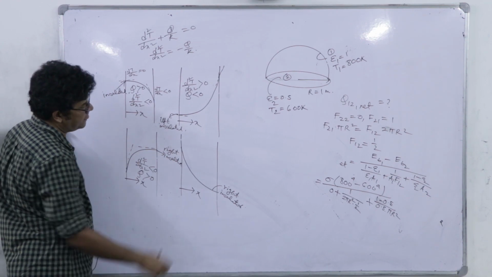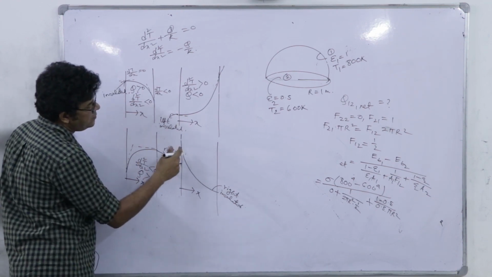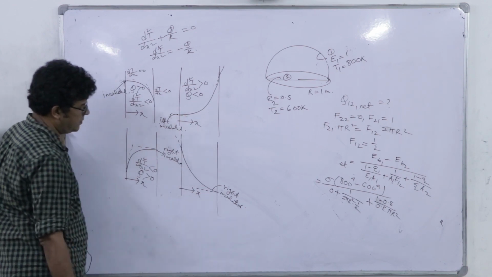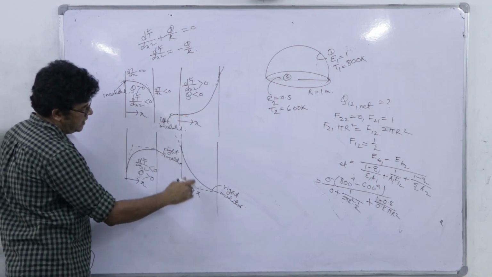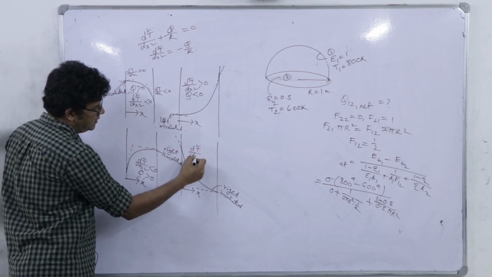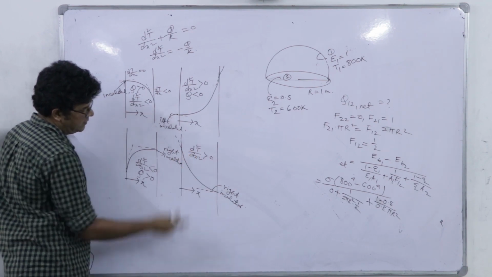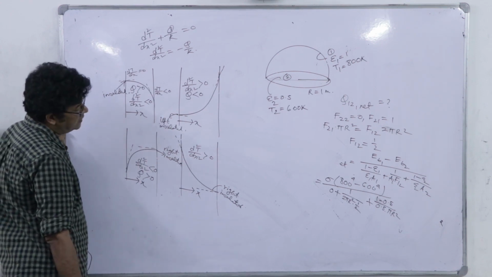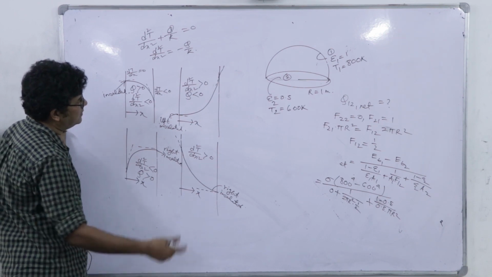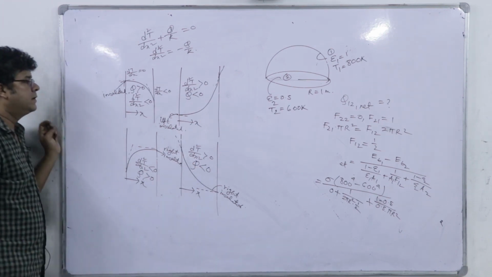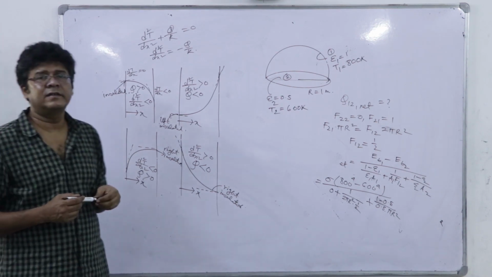And here this is negative slope, this is 0, so dT/dx is increasing with x, so d square T dx square will be positive and q will be negative, right. So these are the cases identified.